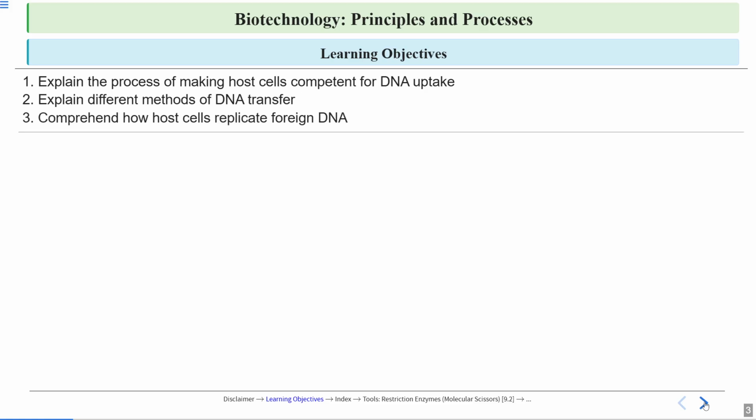Then we will comprehend how this host cell replicates foreign DNA, and along with that we are also going to start the processes of recombinant DNA technology, and the first step, that is the isolation of the DNA, we are going to talk about in today's class.